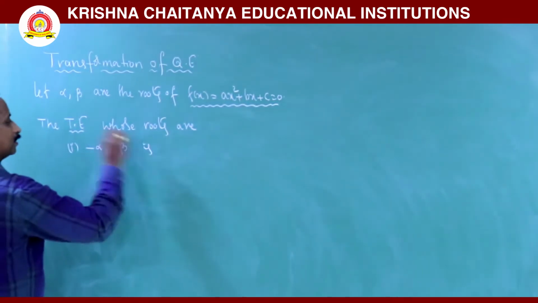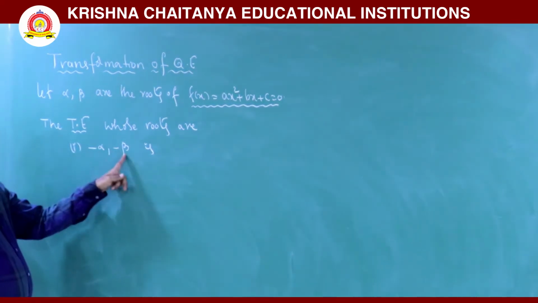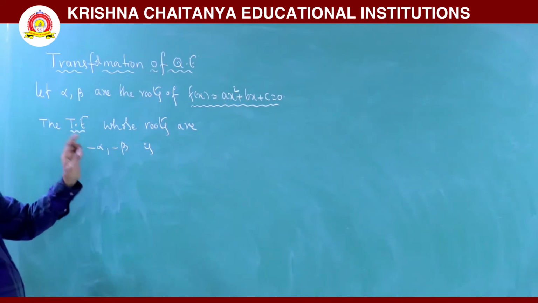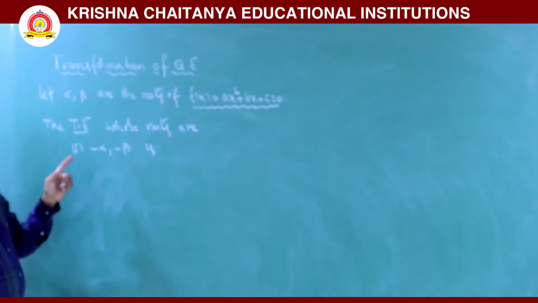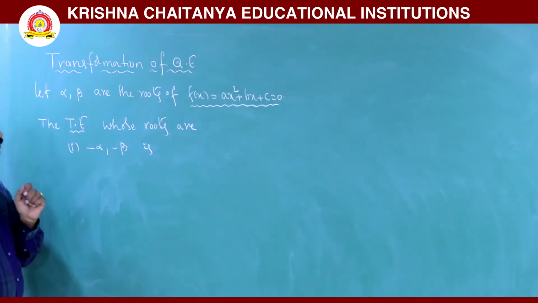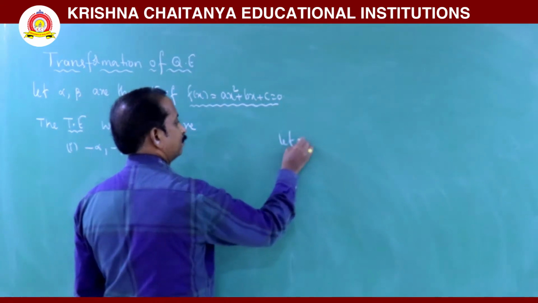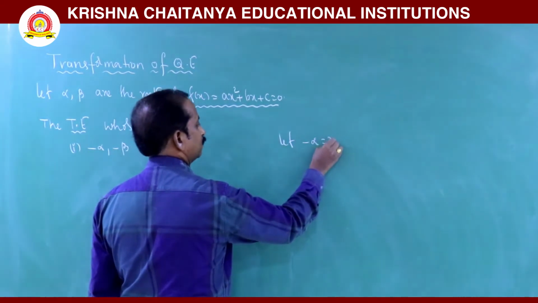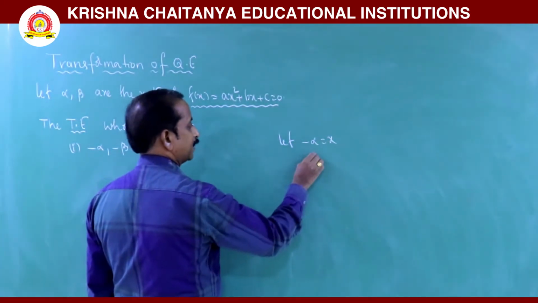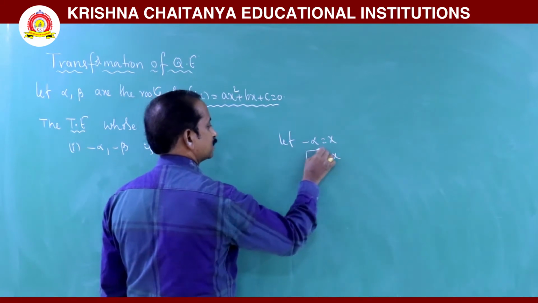How to get the solution? Let us consider any one of the roots as x. So let us consider minus alpha is equal to x. If minus alpha is equal to x, we know that alpha is equal to minus x.